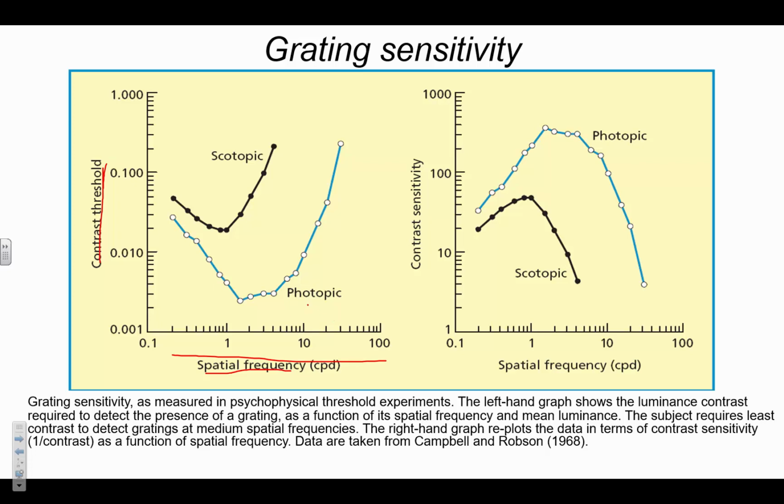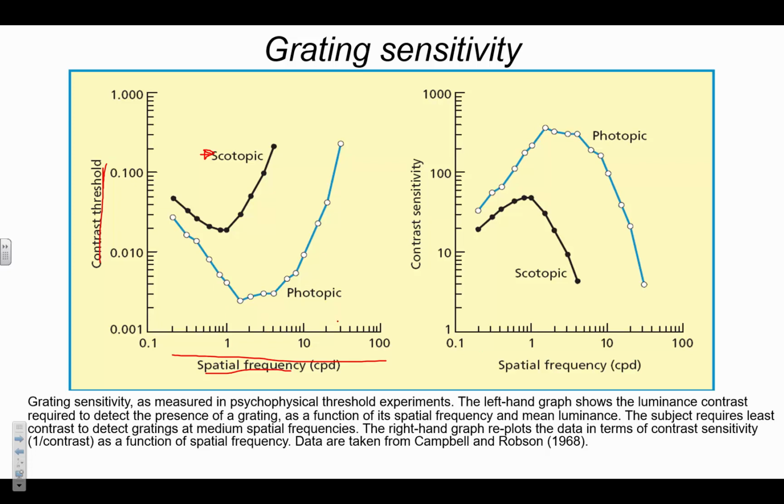Now, we have two graphs here. One of these is scotopic, that's for your rods. Not surprisingly, you're not as good there with your rods, because we've already said rods are not as good on spatial frequency. But let's think about the photopic section. This is a logarithmic scale, so don't puzzle too much on that.